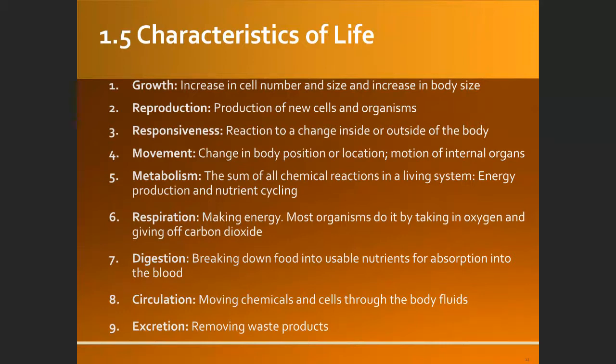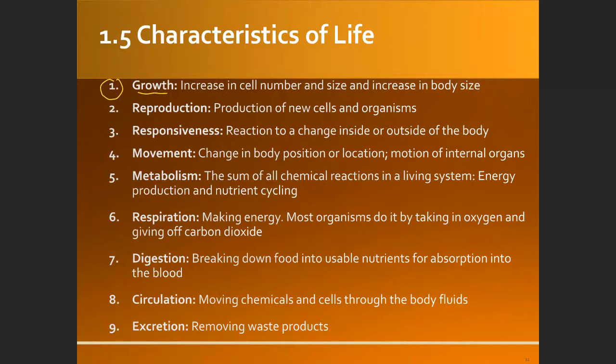First, all living things grow. Growth is an increase in cell size and also cell number. For unicellular organisms, growth is by increasing the size a little bit. But for multicellular organisms like us, growth is also increasing the size and the cell numbers.